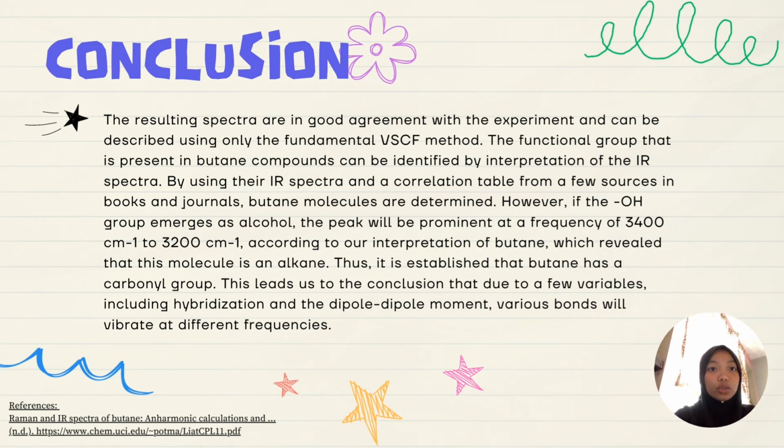However, if the OH group appears as alcohol, the peak will be prominent at a frequency of 3,400 to 3,200 cm⁻¹, according to our interpretation of butane, which revealed that this molecule is an alkene. Thus, it is established that butane has a carbonyl group. This leads us to the conclusion that due to a few variables including hybridization and the dipole-dipole moment, various bonds will vibrate at different frequencies.